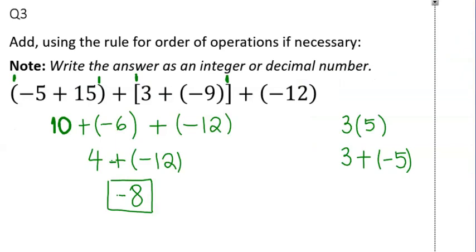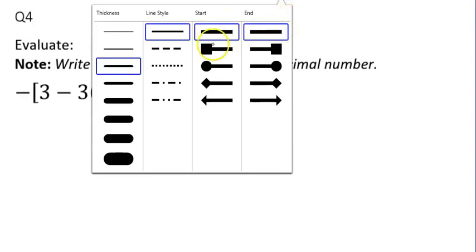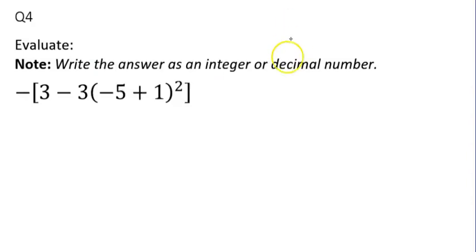Okay, so now is the question number 4. Again, another numerical expression. And I have to remember GEMDAS. GEMDAS says for me to look for grouping. How many groupings do you see here? You see 2 groupings. You see an outside grouping that is here. And you see an inside grouping that is here.